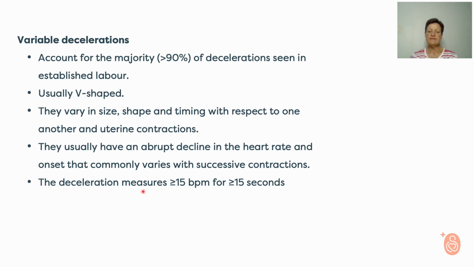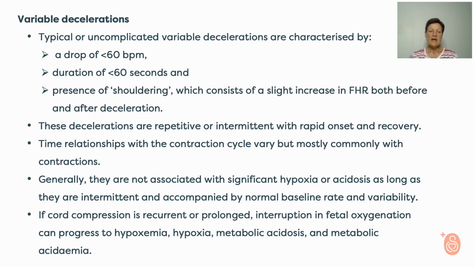And the definition of a deceleration is the same here as well. It's usually longer than 15 beats per minute, and it lasts longer than 15 seconds. Now, another very important aspect about variable decelerations: we've said that they account for about 90% of all decelerations during labor, and some of them are normal and some of them are not normal. What is typical about normal variable decelerations?